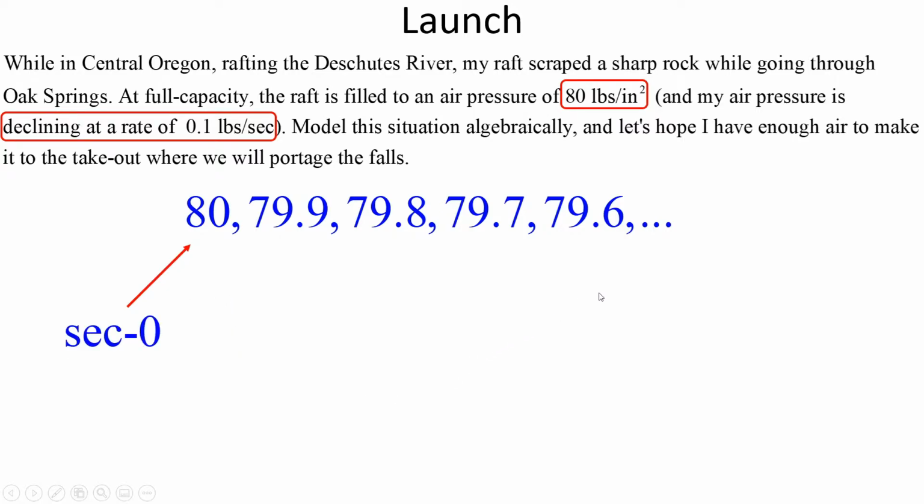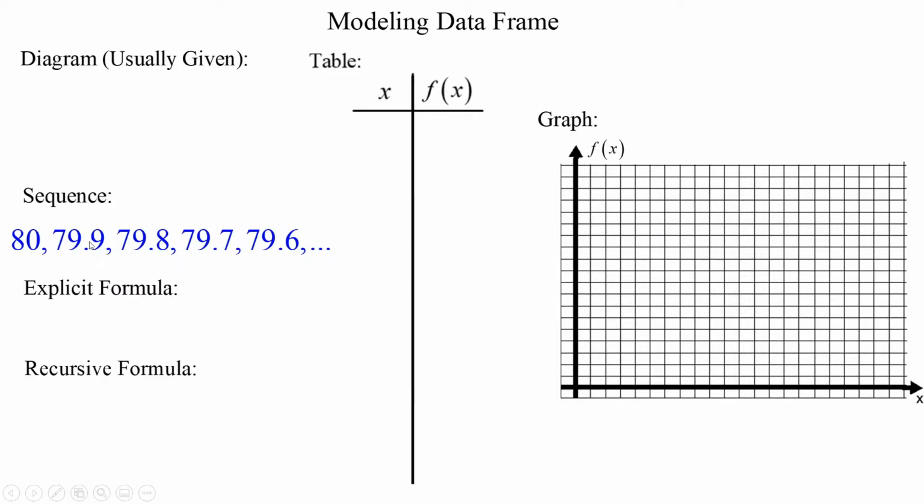Okay, let's break out our modeling data frame and put this together. All right, so no diagram necessary. And we said we'd start with our first x at 0. Let's think about this. I want to see these numbers dropping significantly.